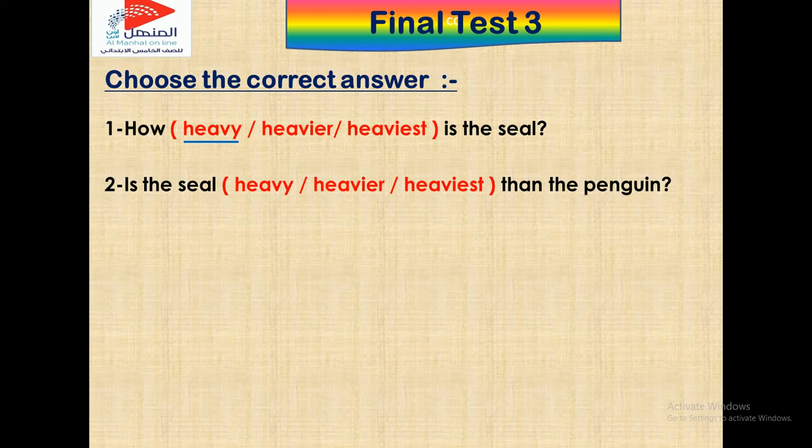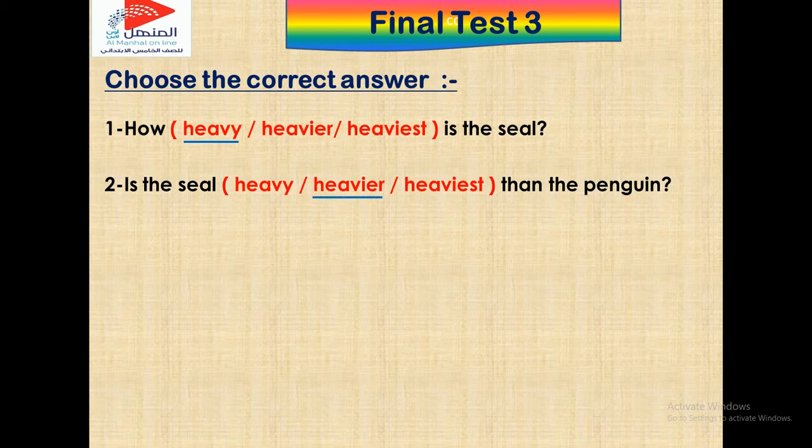All right. So if the adjective is a one syllable adjective or short adjective, like heavy, we just add er. But this adjective ends in y. If the adjective has y at the end, you just change the y into i and then you add er in case of comparison. So heavier.